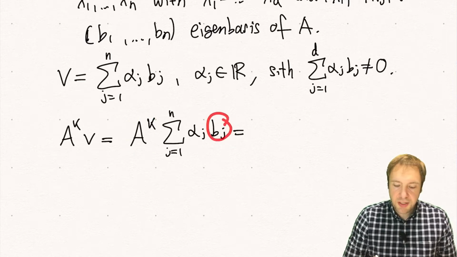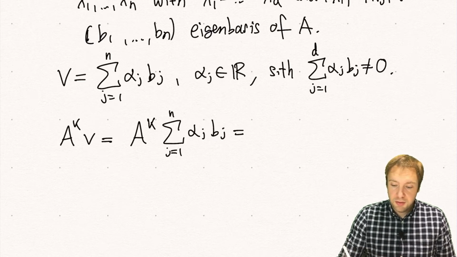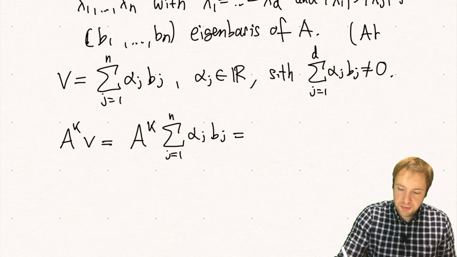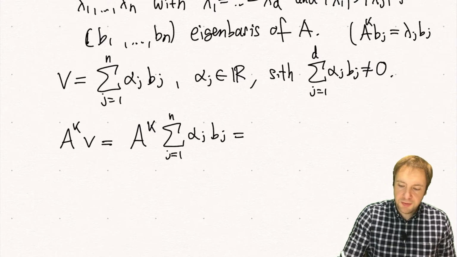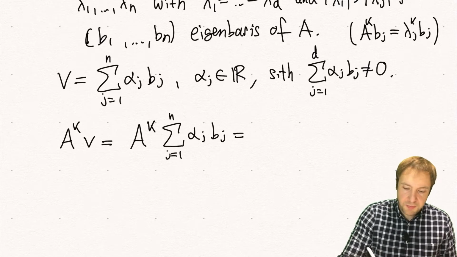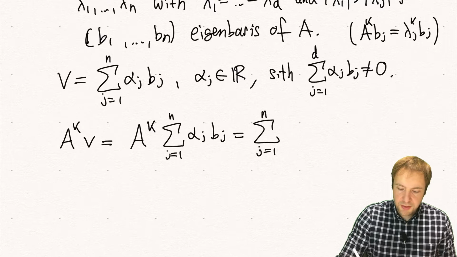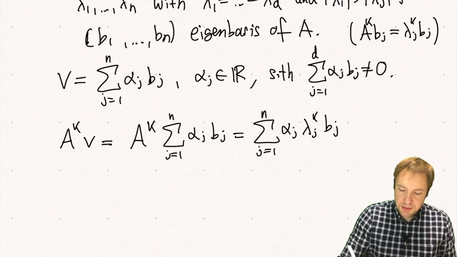And because b_j is an eigenvector with eigenvalue lambda_j, if I multiply this, then this is lambda_j b_j. And if I do it k times, then I get this factor lambda_j k times. Therefore this sum, j goes from 1 to n, still this alpha_j, and now I have lambda_j to the power k b_j.